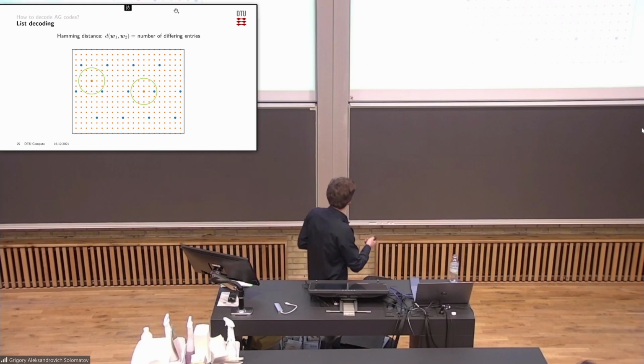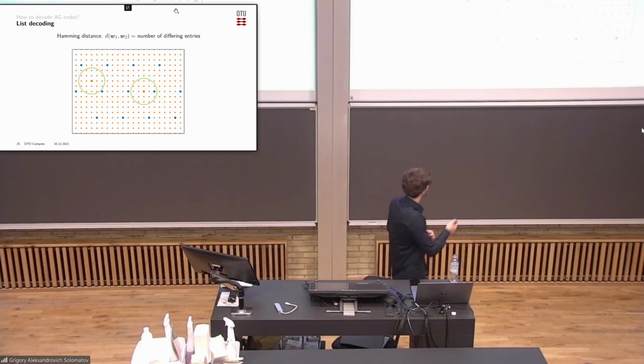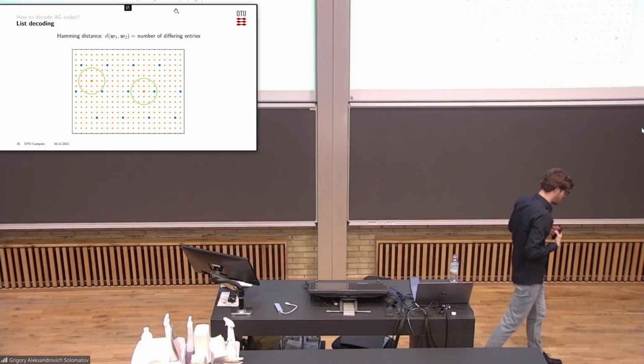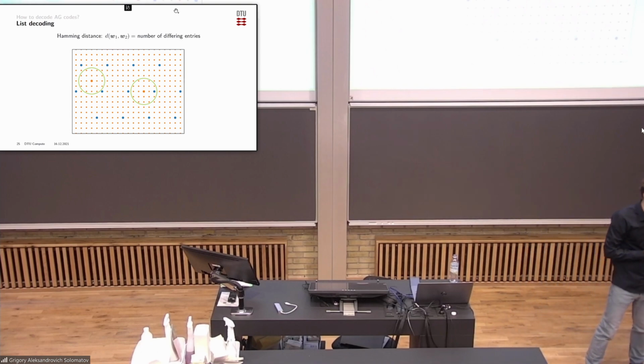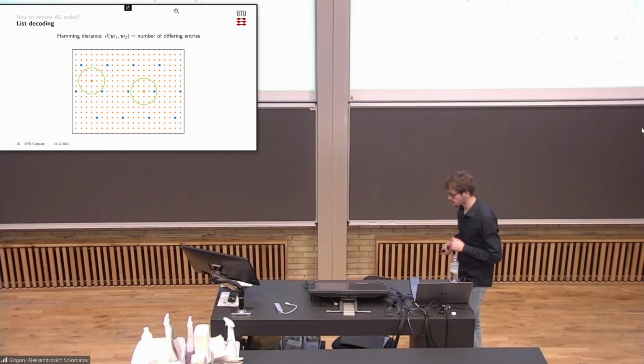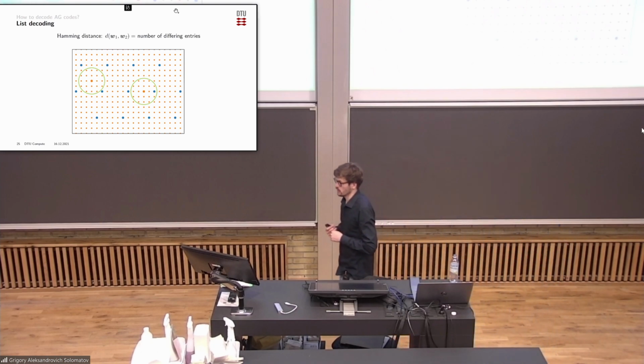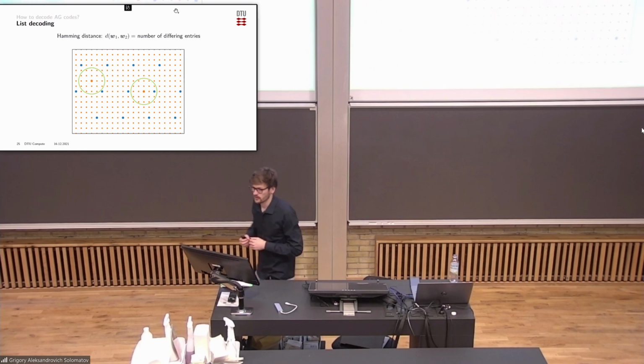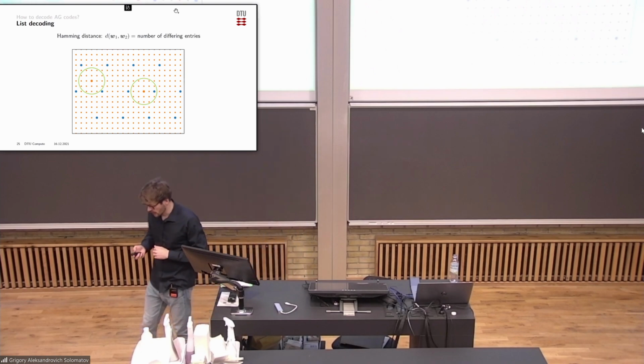In particular, if you look at the received word right here, I've drawn a circle of the same size as the one over to the right, but this received word has no code words close by, so we couldn't decode it using this perspective. Of course, you could then say, well, can't we just increase the size of these circles? And indeed you can, right?